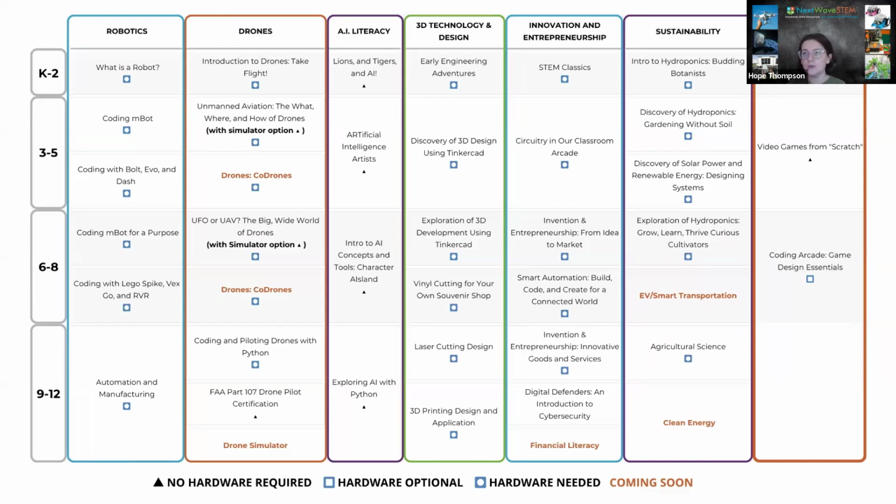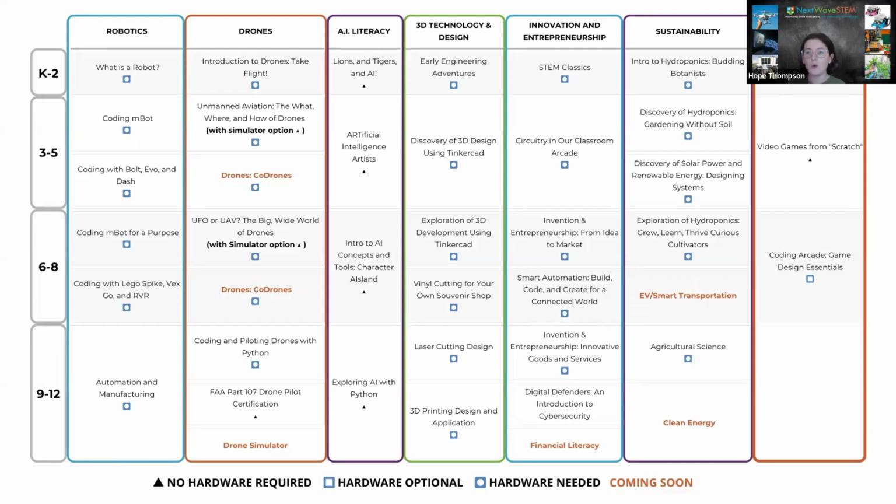So our content, as you can see here, varies from K all the way up through 12 in each of these categories. But every one of the boxes you see here is 15 lessons and an entire course. And they may also have additional equipment depending on the topic.